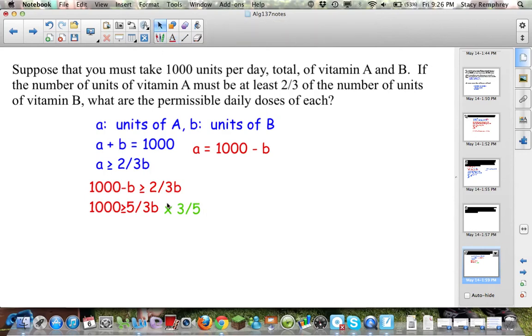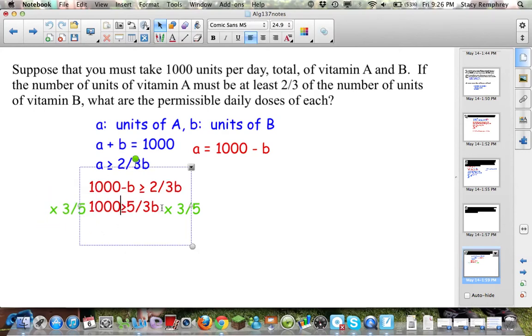This is just doing some algebra with you again. So I'm multiplying both sides by 3/5. When I do that, the 5 and the 1,000 will simplify to be 200. 200 times 3 is 600.